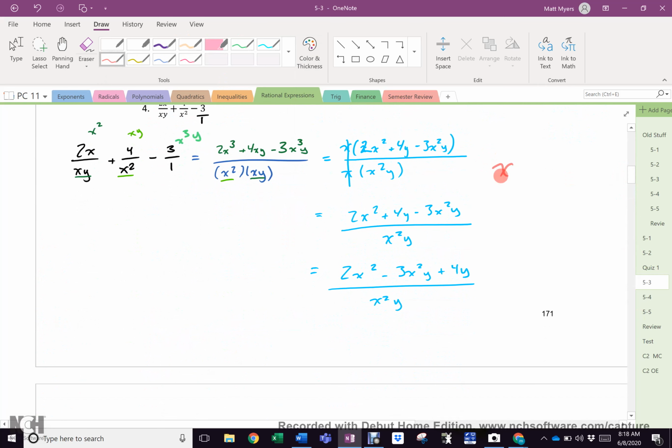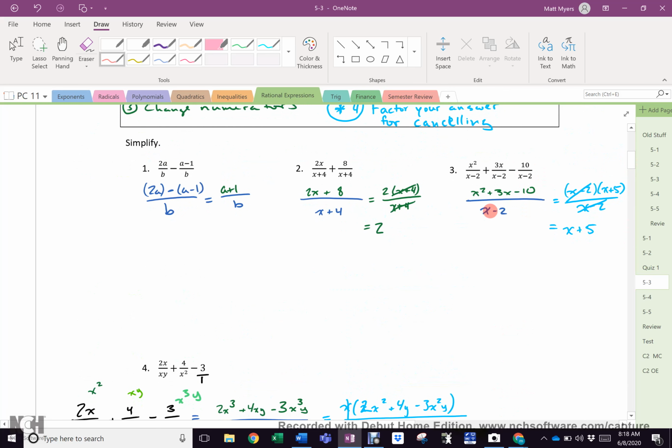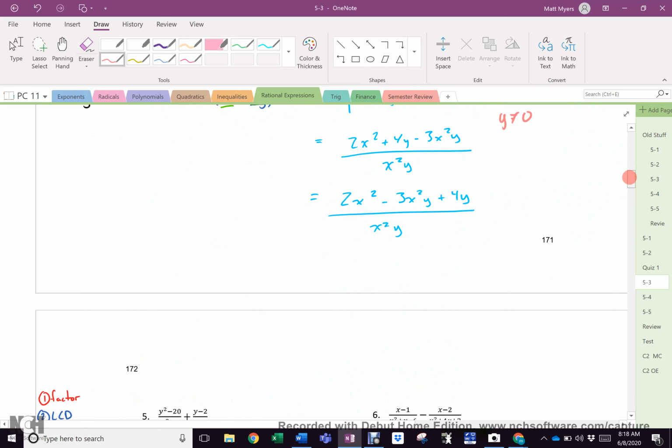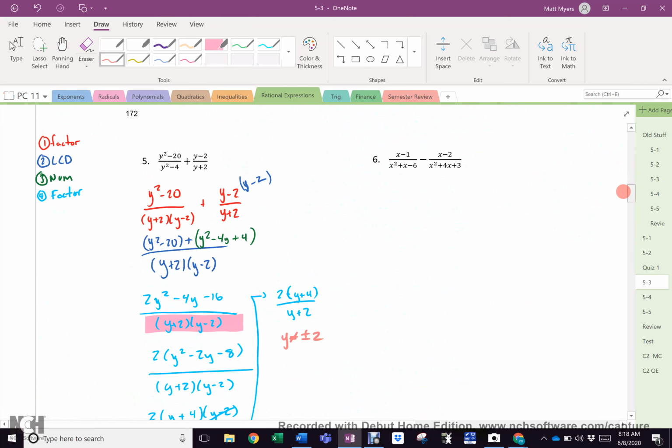So in this one, x can't be 0, y can't be 0. And in this one, x can't be 2. In this one, x can't be 4. And in this one, b can't be 0. I forgot about non-permissible values. Sorry. All right, let's have a look at number 6.